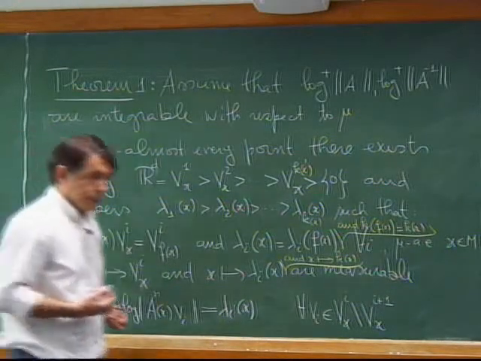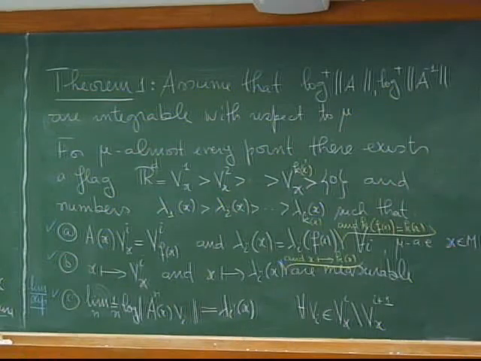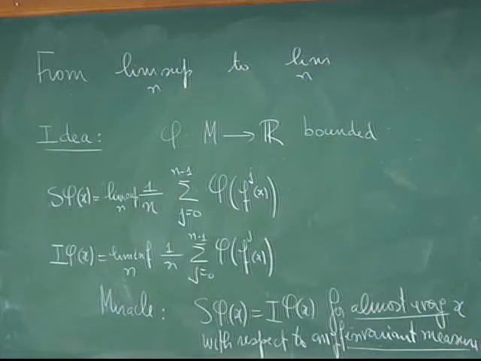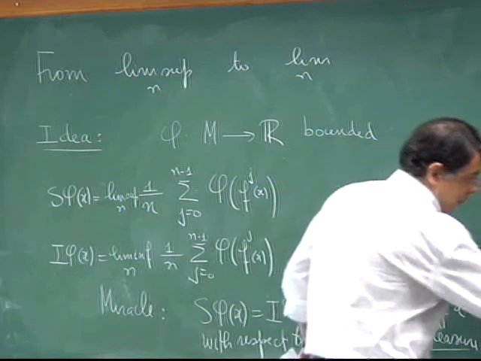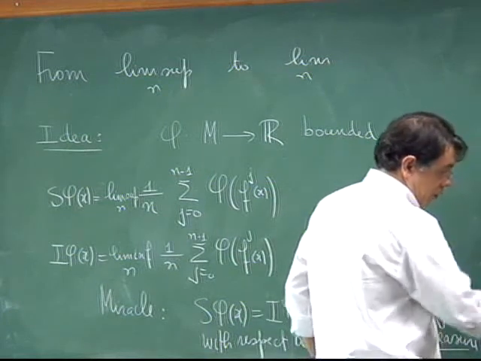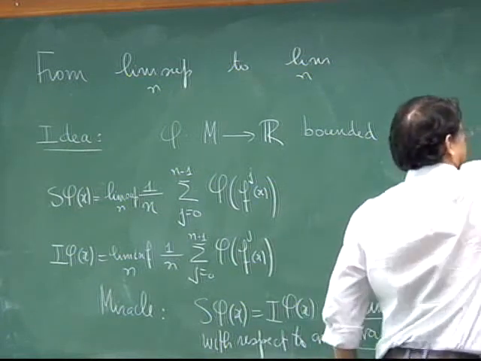We're going to use the miracle of ergodic theory. Now, how do we do that? I'm going to erase this, and you keep in mind that everything we want now is to prove that this limit exists.